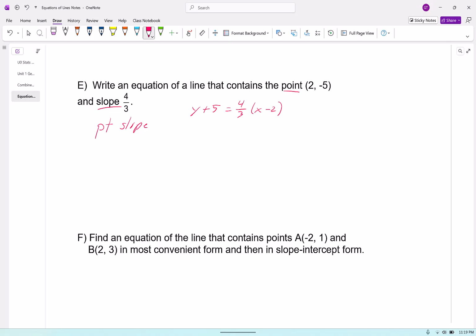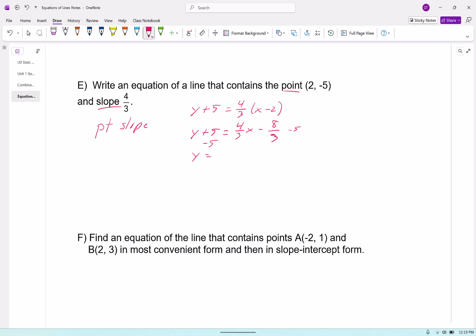And so write an equation that contains the line. Now I'm going to rearrange it into a kind of y equals. So I got y plus 5 equals 4/3 x minus 8/3. Then I'm going to subtract 5 from each side.